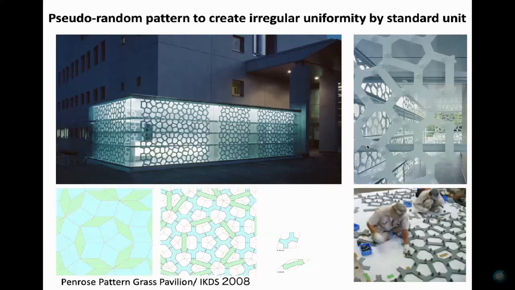It follows the idea of the so-called Penrose pattern by Roger Penrose. In both of the cases, I'd like to emphasize that these units and patterns are part of the structure. So basically, again, I am interested in how these ways can be applied to construction technologies.